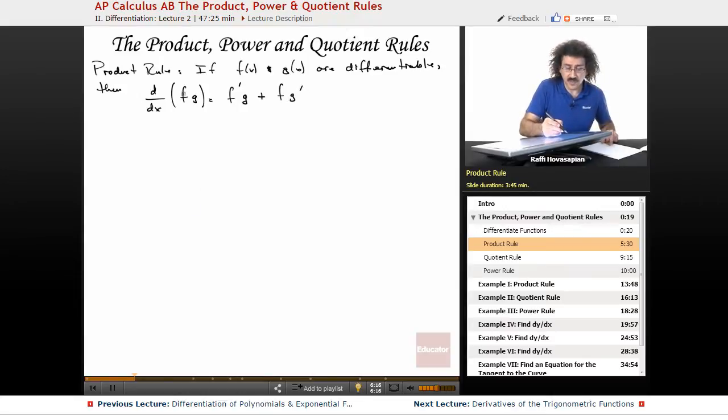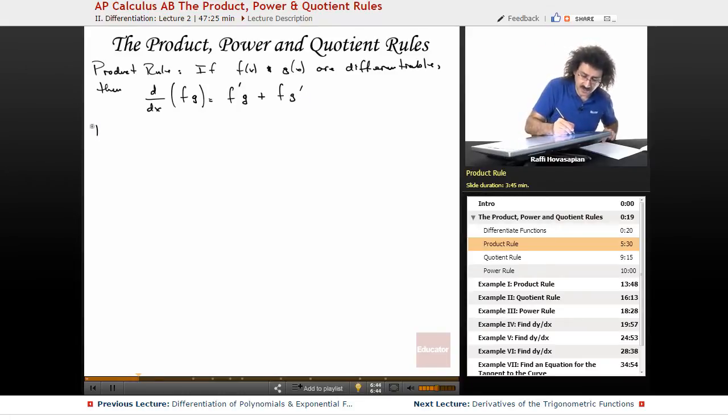In other words, the derivative of this times this plus the derivative of this times this. You can keep them in order. Essentially you're just taking the derivative of one function at a time as you go down. This is the shorthand notation: the derivative of a product is f prime times the other function plus f times g prime, the derivative of the other function.